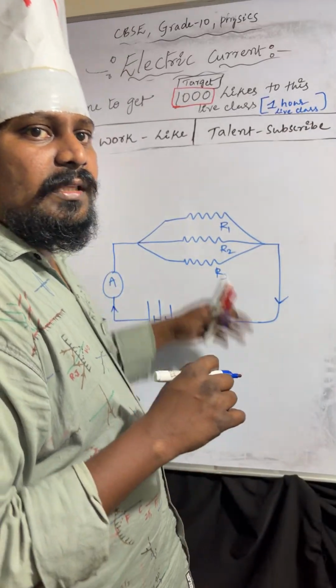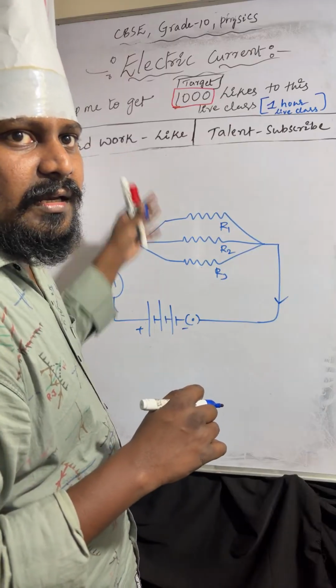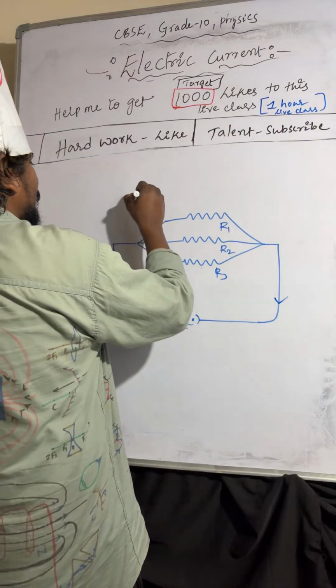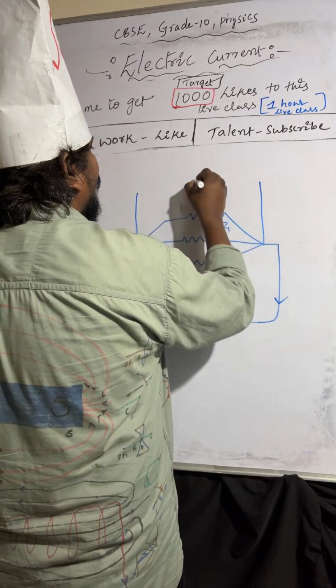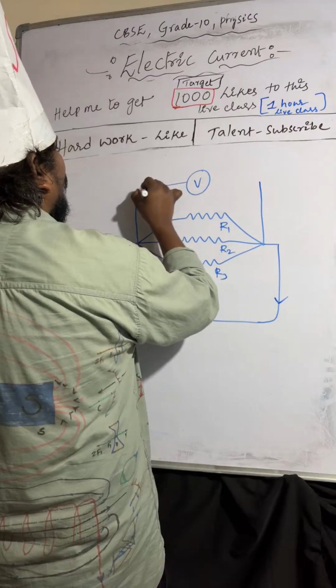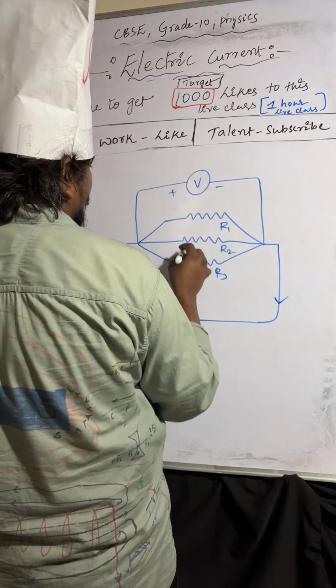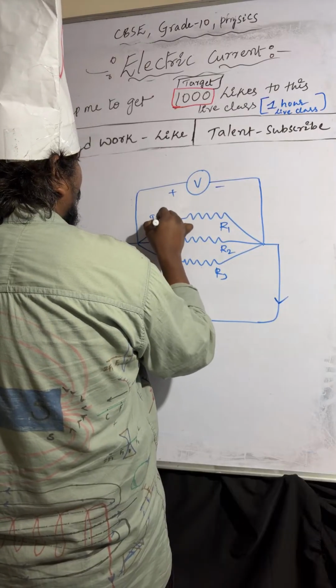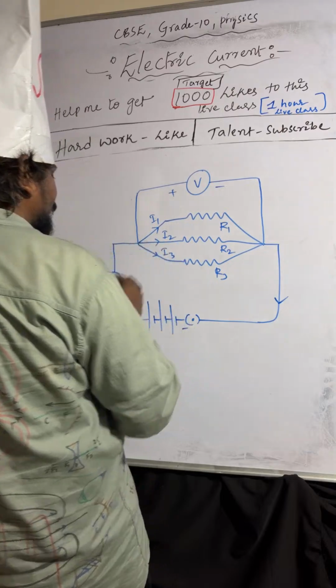That is connected here, and this is connected here, V, like this. So current is passing: through R1 I1, through R2 I2, through R3 I3.